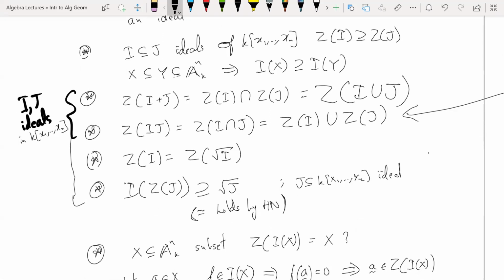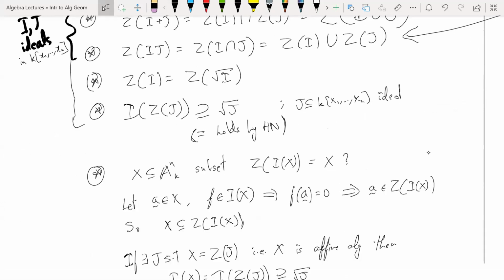That's by Hilbert's Nullstellensatz, whose statement and proof we'll see later. So there is an equality, but we have only seen a proof of one inclusion. The other inclusion is difficult.